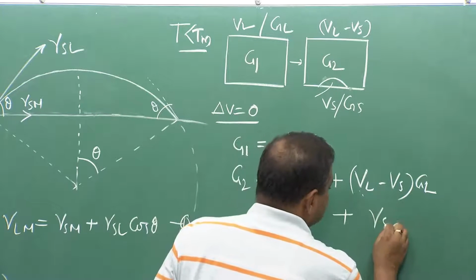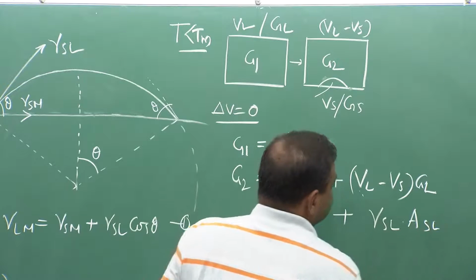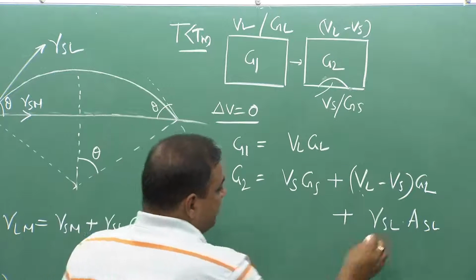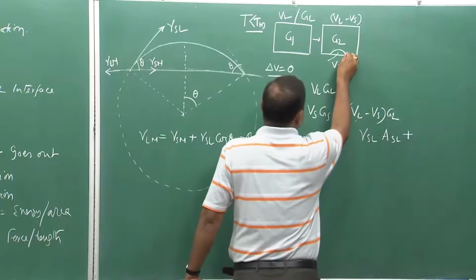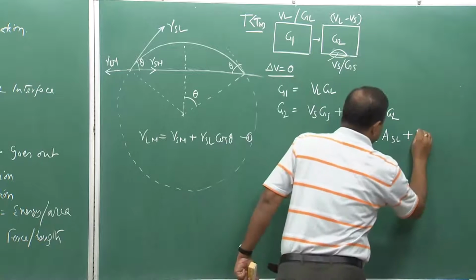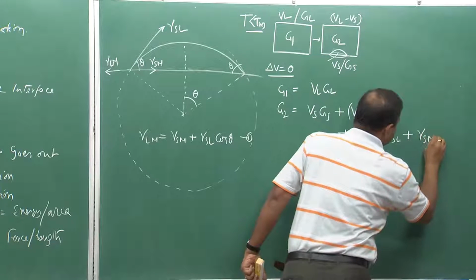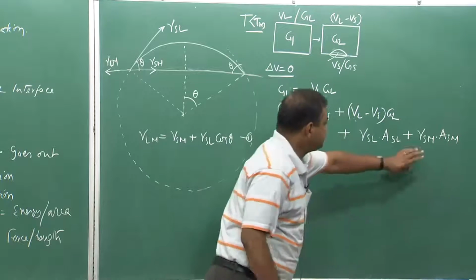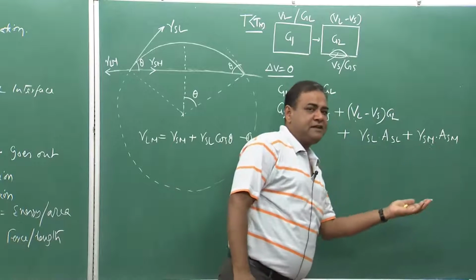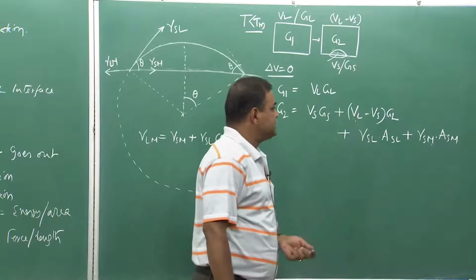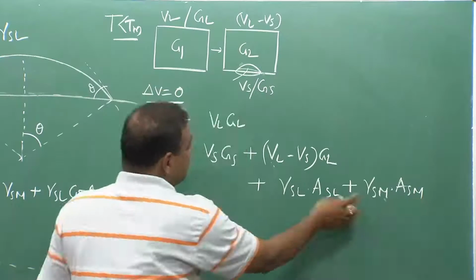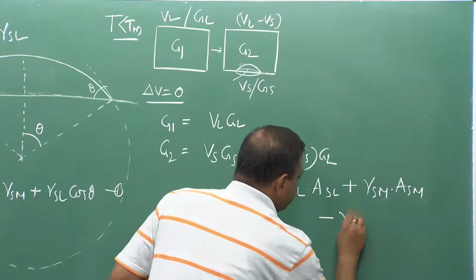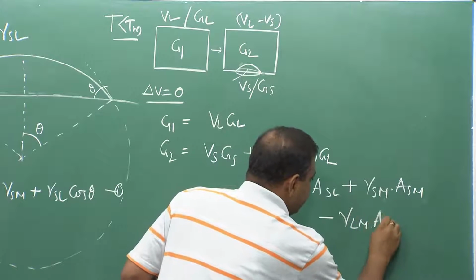One is gamma S L into A S L, the surface area of this lens, plus you are creating this interface also, gamma S M and A S M. Now, this interface is replacing the previous interface, which was liquid metal mold. So, the area would be the same, but the interface energy would change. So, minus gamma L M A S M.